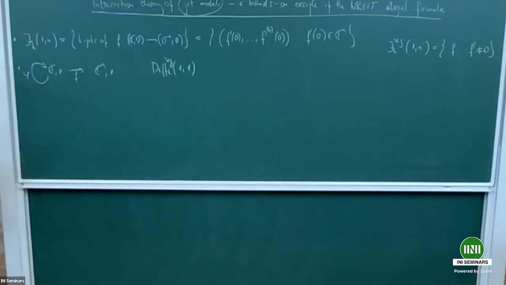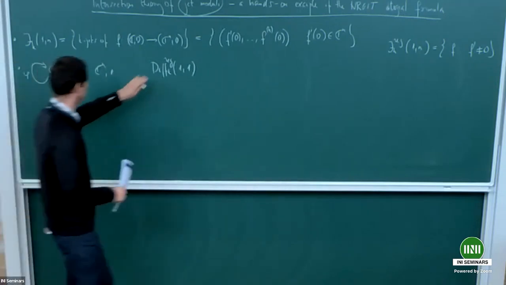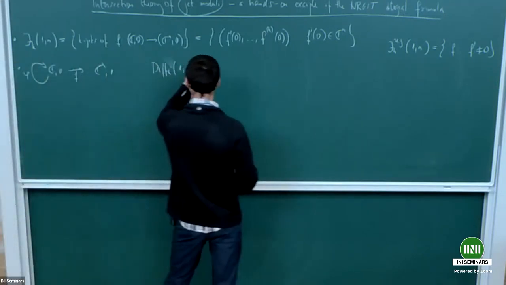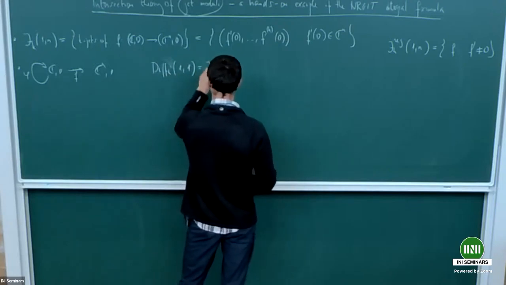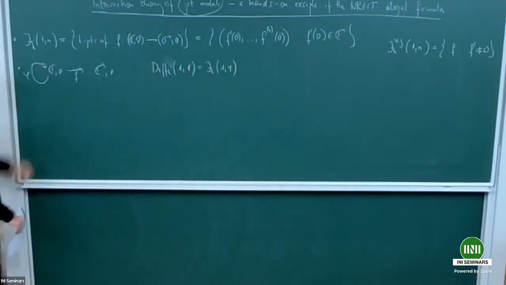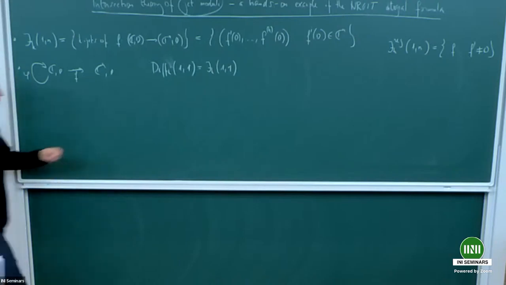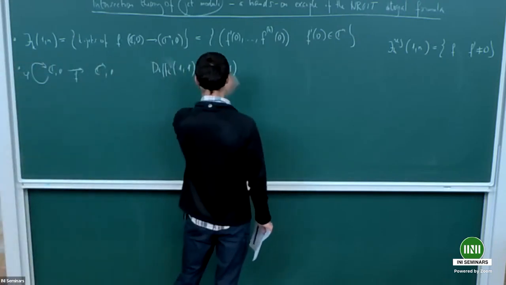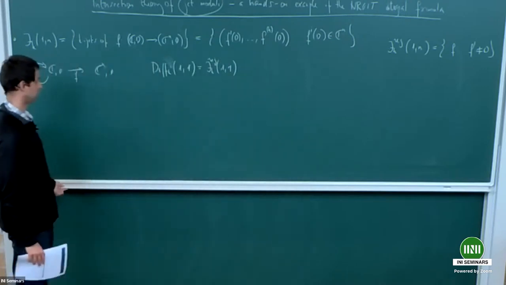So this Diff_k(1,1) is just a group formed by jets of reparameterizations of the origin of C at the origin, but we have to take regular jets, so they form a group.